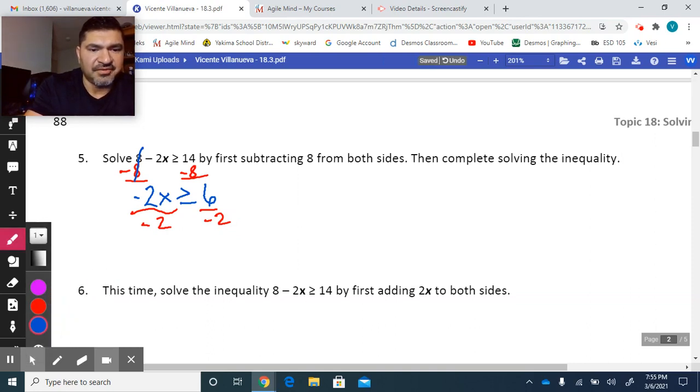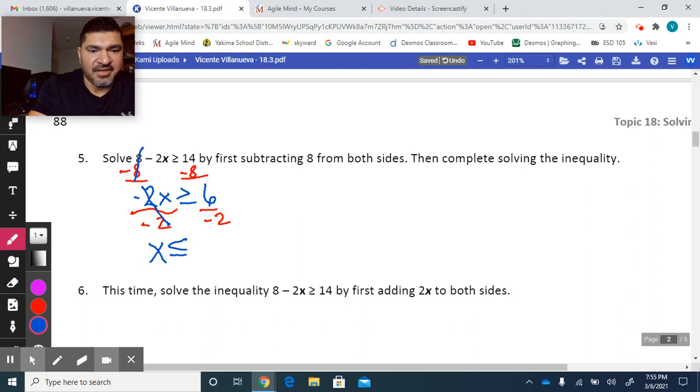Okay, so negative 2 divided by negative 2, that's a positive 1. 1 times x is x. Now, remember, anytime you multiply or divide by a negative, which I did here, I divided by a negative, the sign has to flip. So instead of this being greater than or equal to, it's going to be less than or equal to.